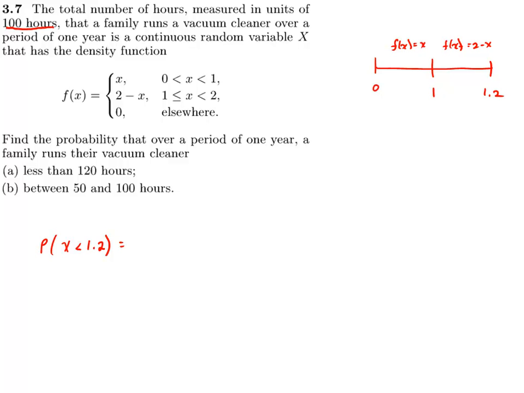What that means is that to find the probability of x being less than 1.2, you need to integrate x from 0 to 1 and then add the portion that goes from 1 to 1.2 of 2 minus x dx.